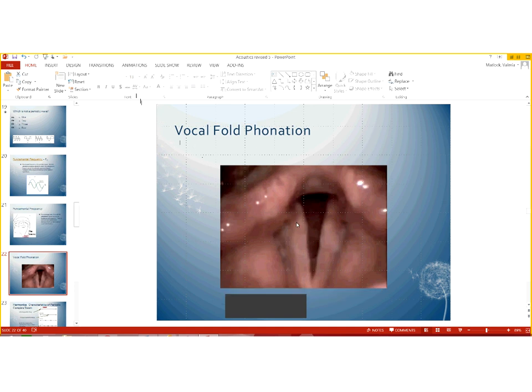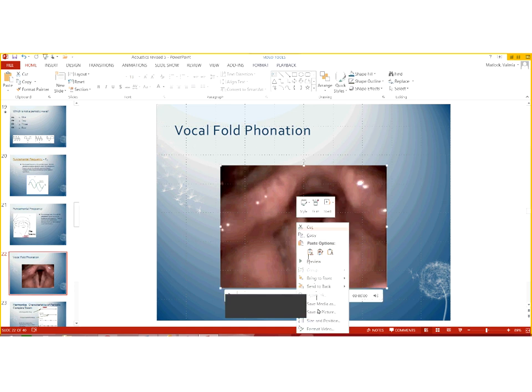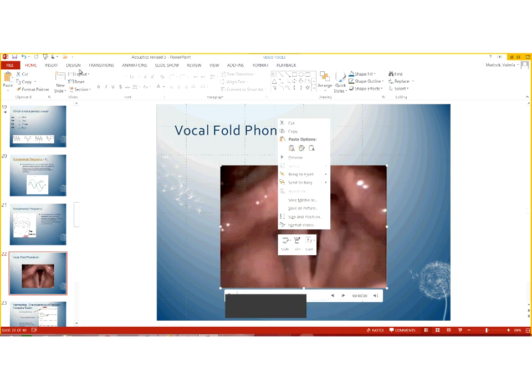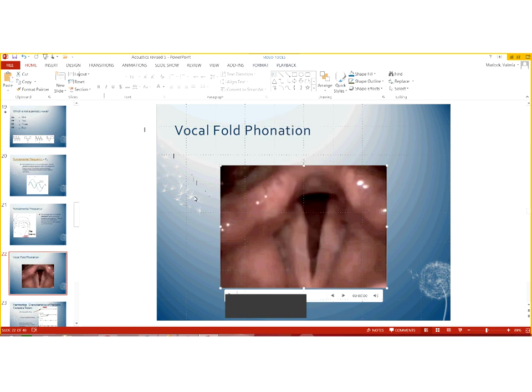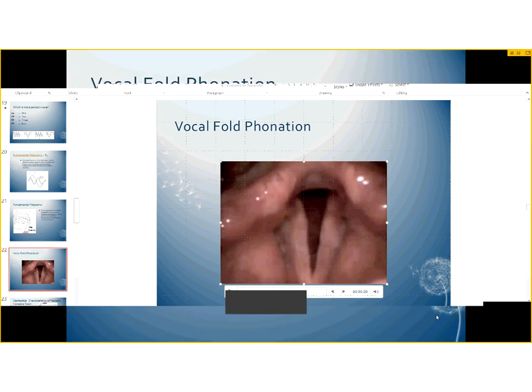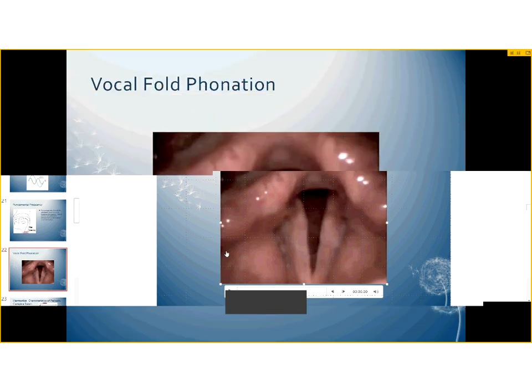This is showing you, let's see, to take a look at, let's see if I put this, it may work this way.